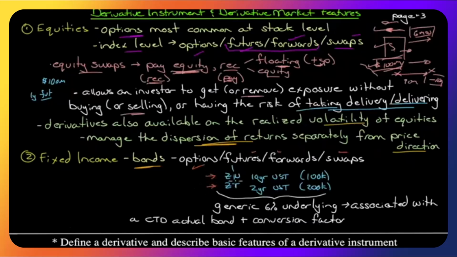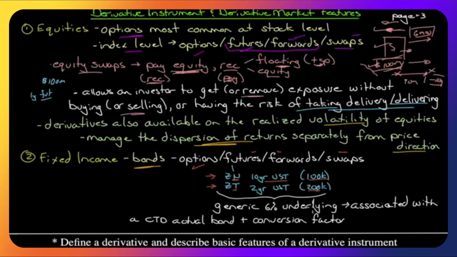ZN and ZT. N for the 10, T-E-N, T for the 2, T-W-O, ZN and ZT. This is the 10-year U.S. Treasury. It's for $100,000 of a generic underlying bond. The bond doesn't exist. It's a generic 6% coupon bond. The 2-year is for $200,000. It's a bigger contract. And the underlying is a generic 6% bond.